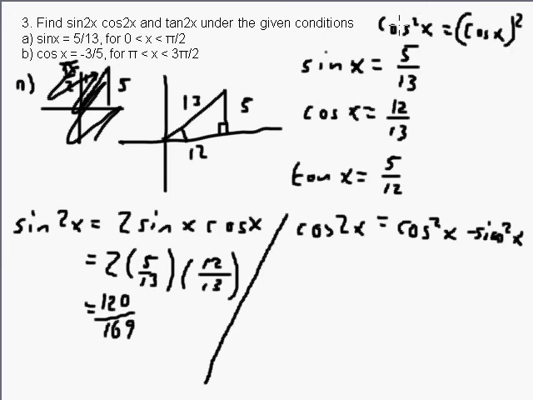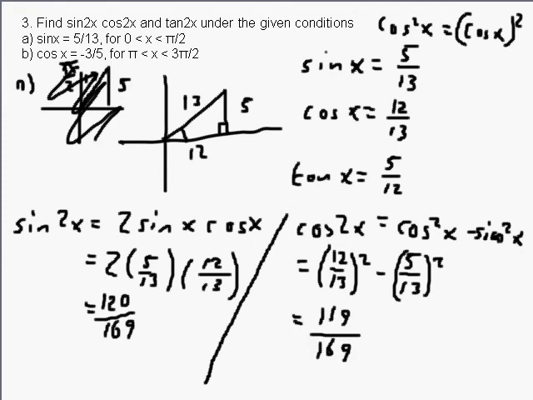So I can turn this into cos x, 12 over 13 squared, minus sine x squared, which is 5 over 13 squared, and then you punch those through, which equals 119 over 169. Damn, that is close, off by 1/169th. What is important is that you plugged in, squared this, squared that, and then subtracted them. So this went to 144 over 169, this went to 25 over 169, you subtracted and got that.